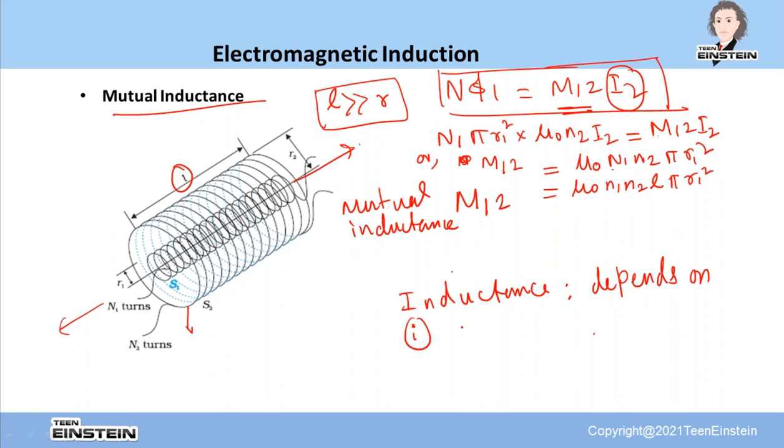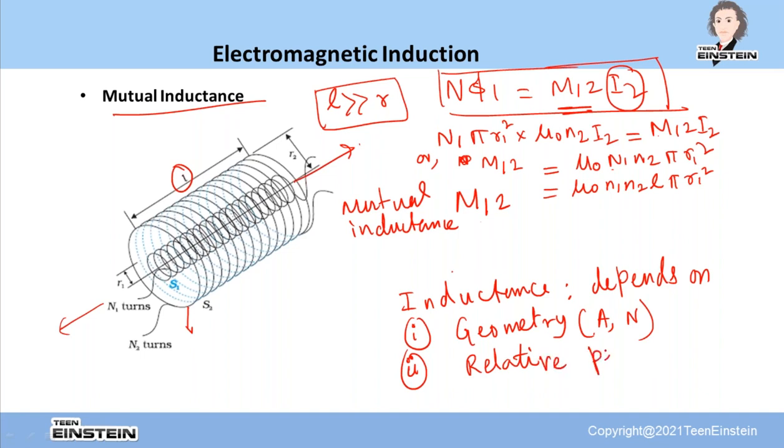Number one, this is the geometry of the coil: the area, shape or size, or number of turns. Another parameter is relative permeability, how many field lines can be permitted in that material.